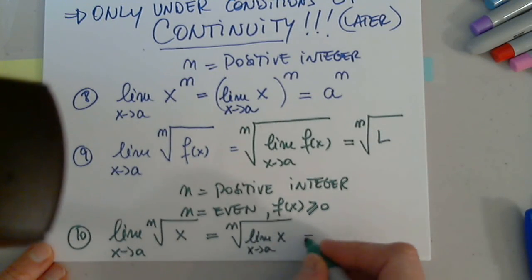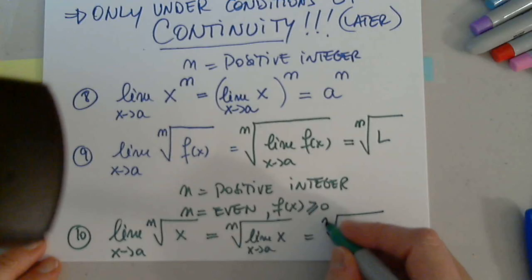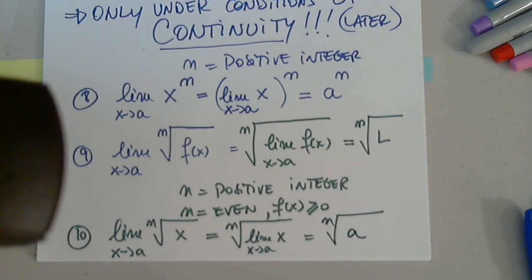Okay, excellent. And then? The nth root of a. Great job. Okay, so now let's practice these limit laws. And if you'd like to go back, let's go back to the book.